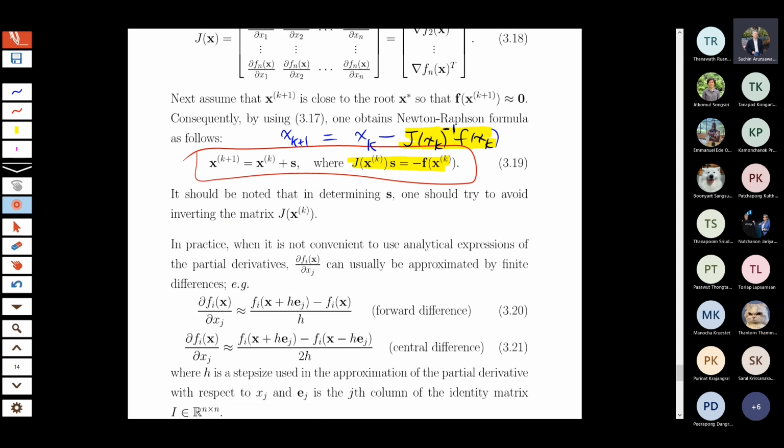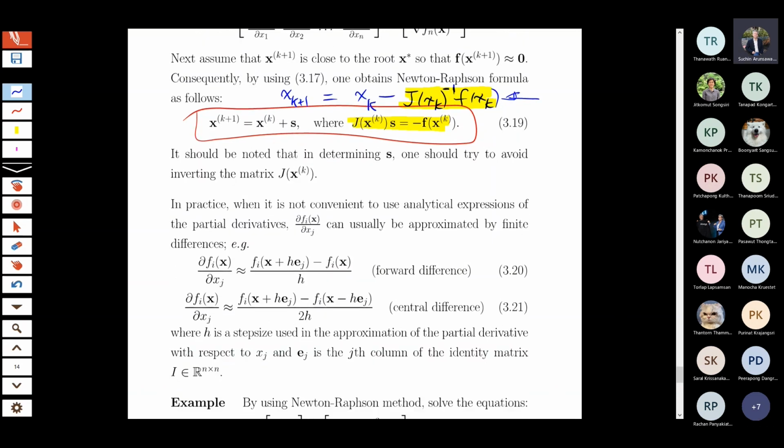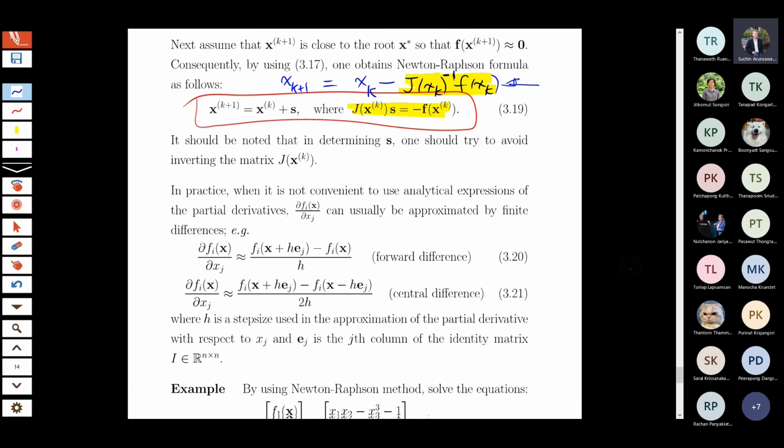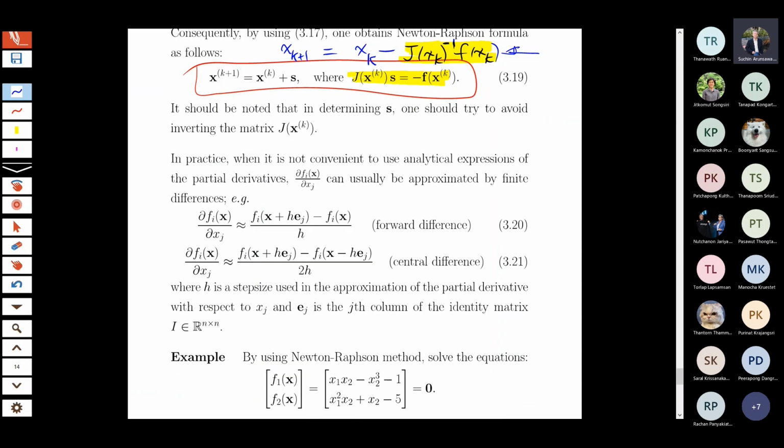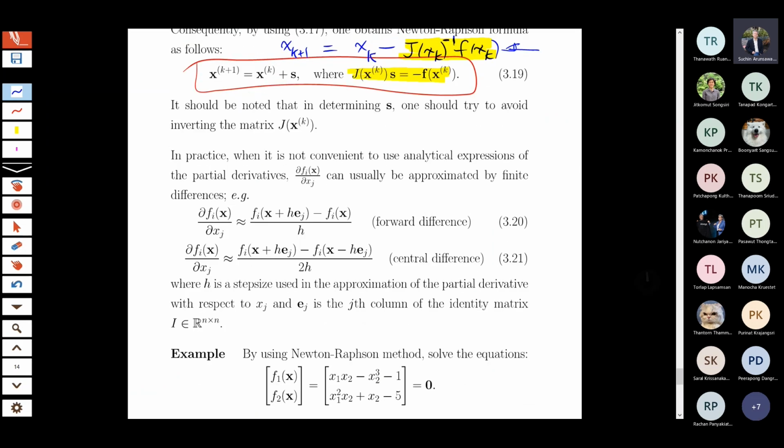That is, this equation is implemented by 3.19. We do not implement it as it is written. So we try to avoid inverting the matrix, because the number of flops in inverting a matrix is, I think, 3 times more than the work of solving the linear equations. This is the reason why.